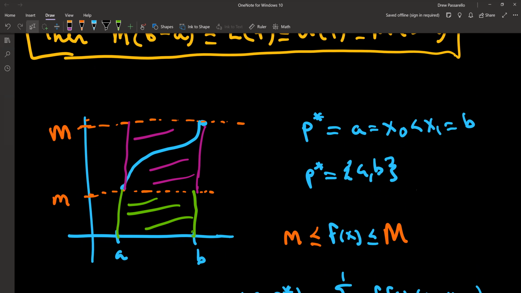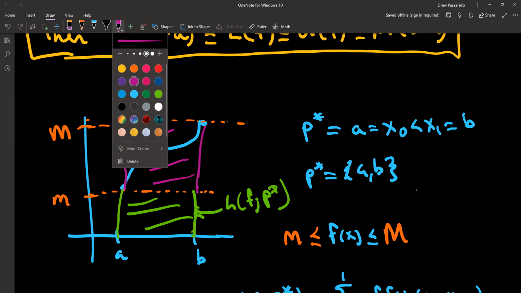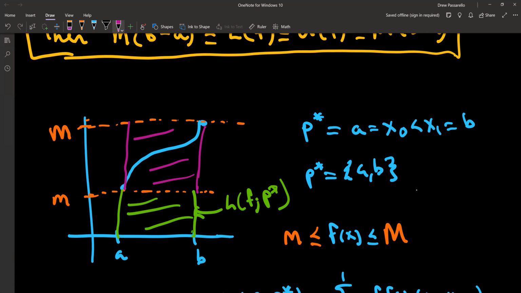And so you can see that the green rectangle is our lower sum with partition P star, our 2-point partition. And the purple rectangle, which would include the green one as well, this whole purple rectangle is the upper sum with our partition P star.